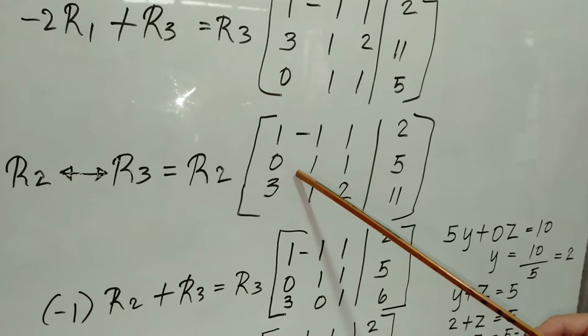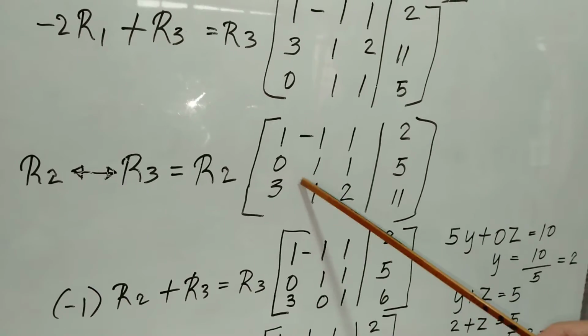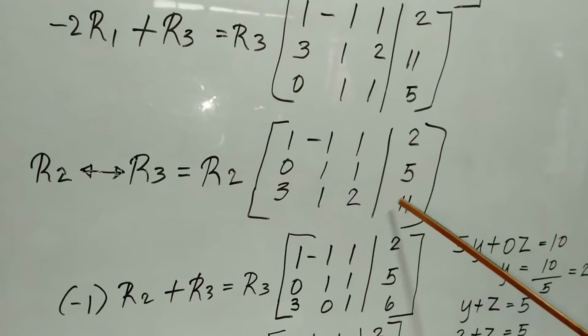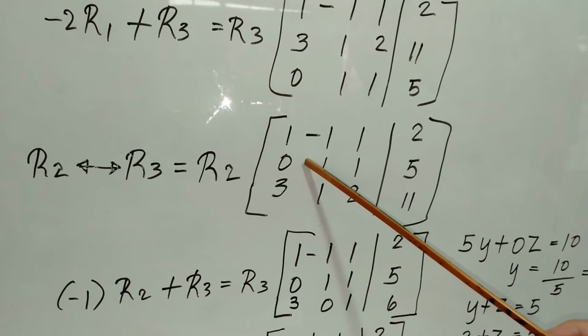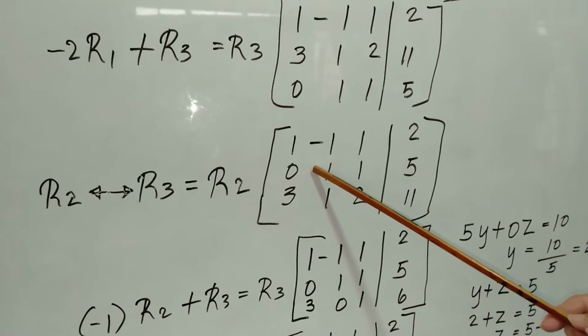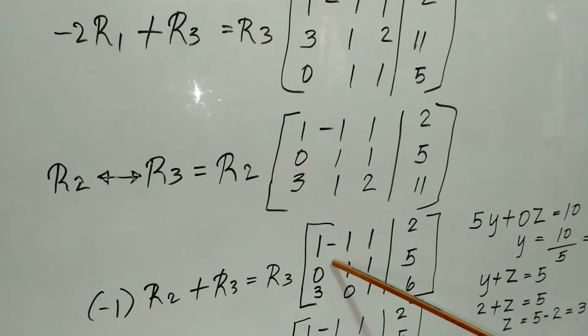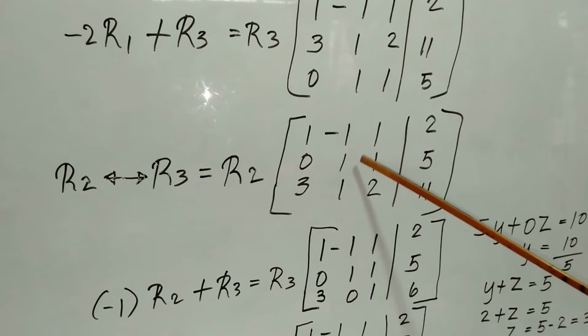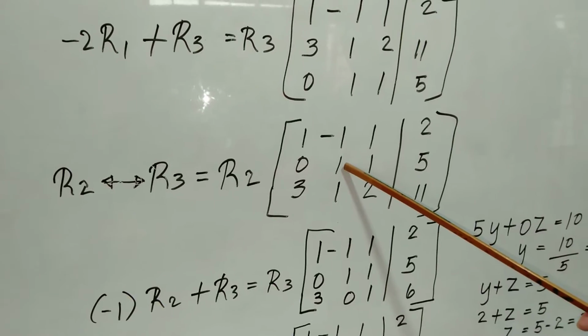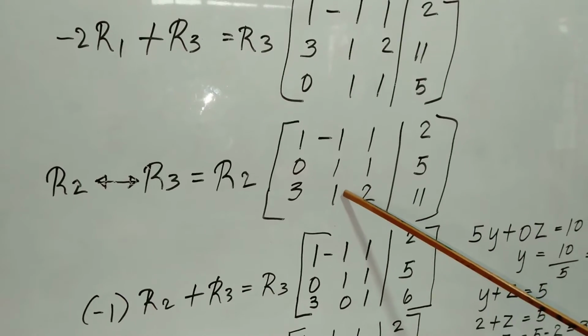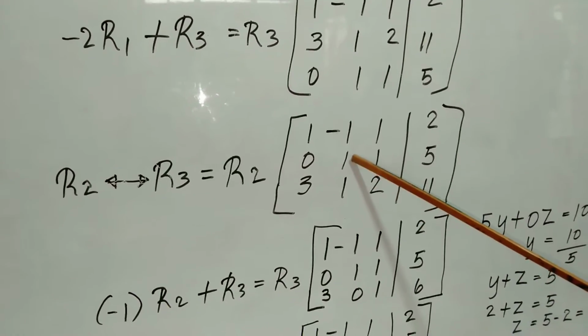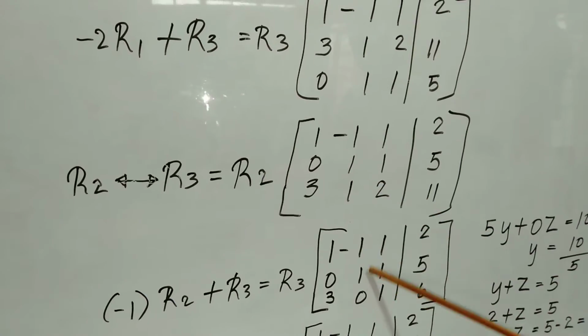So for the next step, we multiply row 2 by negative 1, and then add the product to row 3 and put our final answers in row 3. So 0 times negative 1 is 0. 1 times negative 1 plus 1 is 0.